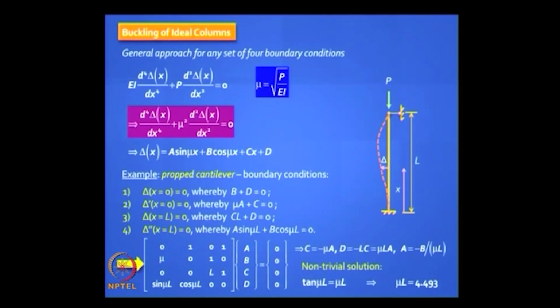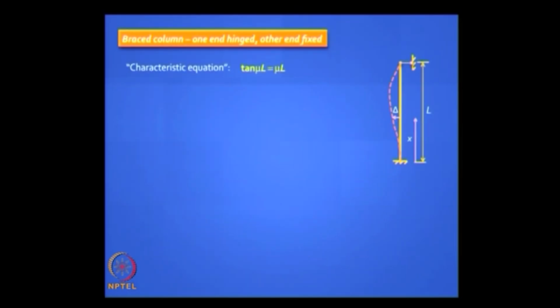And typically it will take some shape like this. So tan mu L equal to mu L is a transcendental equation. You can have multiple solutions for these. The lowest value of mu L corresponds to your fundamental mode, and that's how you get mu L equal to 4.493 in this example. So that equation, tan mu L equal to mu L, is called the characteristic equation.